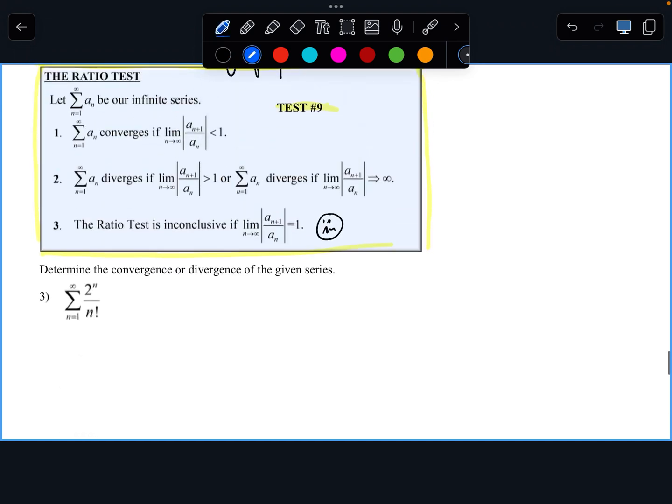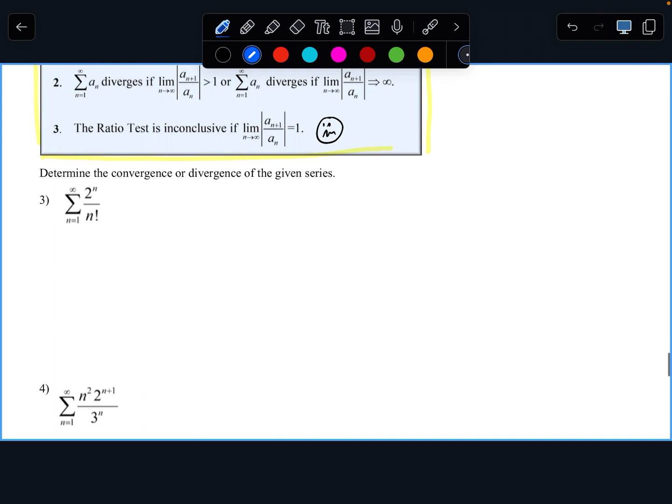Okay. So this is what you do. You plug in n plus 1, and that's going to be your numerator, and then your denominator is the original, the normal one. And this part's annoying too because you have to keep the bars the whole time. And then you have to show that you're taking a ratio to start, even though every single time you're going to multiply by the reciprocal.